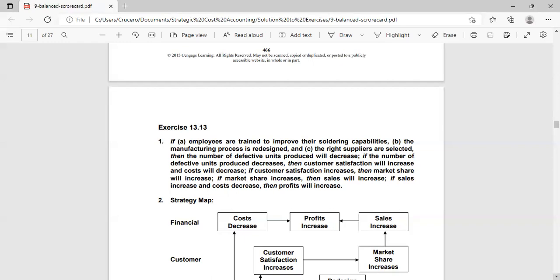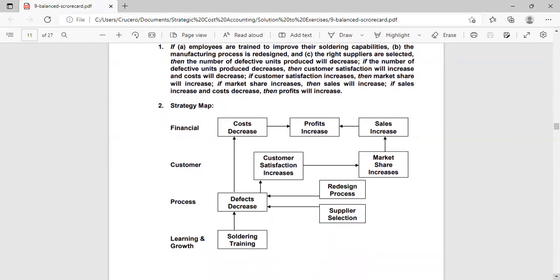If customer satisfaction increases, then market share will increase. If market share increases, then sales will increase. If sales increase and cost decrease, then profits will increase. So now we have this strategy map. For financial: cost decrease, profits increase.